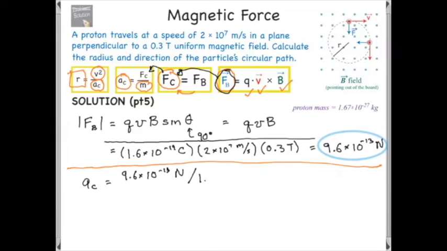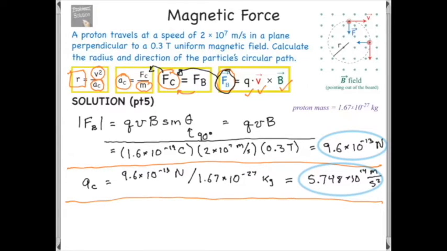The mass of a proton is 1.67 times 10 to the minus 27 kilograms. And plugging that into our calculator, we get 5.748 times 10 to the 14 meters per second squared as our acceleration. So we have this number now.